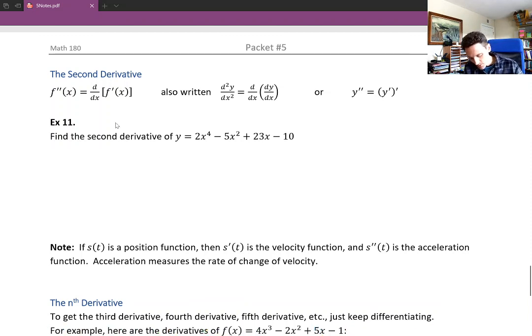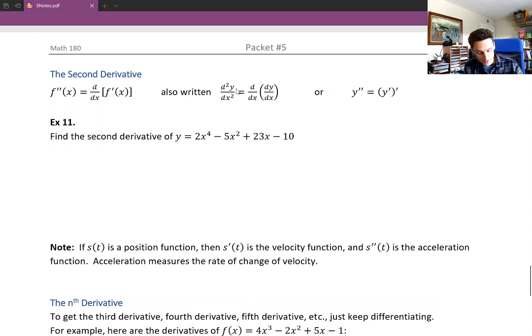So in terms of notation, we have f double prime, which means the second derivative, and the way you can write it using the d/dx notation is like this. It's the derivative of the first derivative, so it's the derivative of f prime.